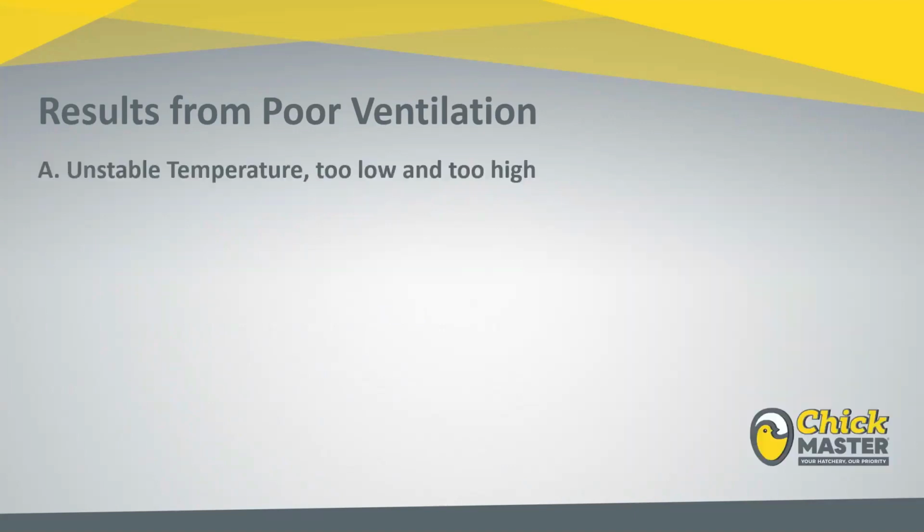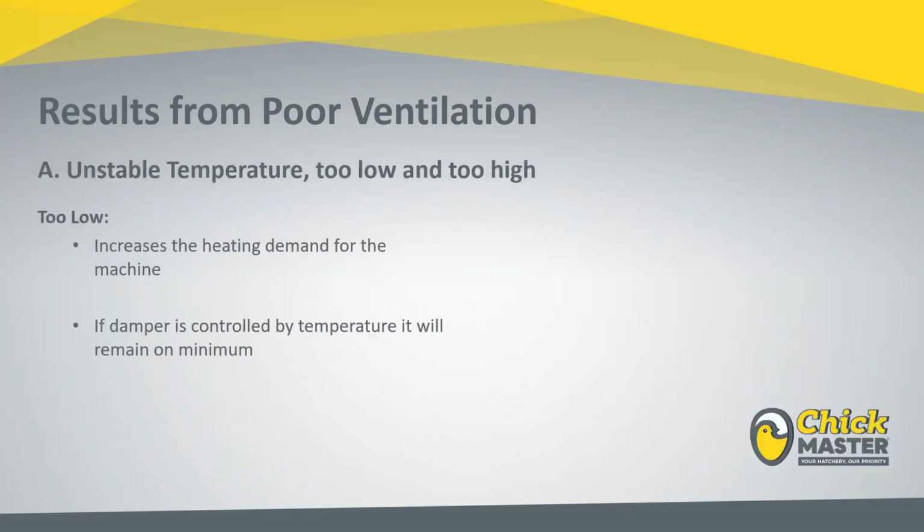So we look at unstable temperature. If our temperatures are too low, we often see increases in heating demand for the machine. So if a machine is a multi-stage machine or single stage with a bigger damper opening, and we have a room that is extremely cold, in other words, way below our recommended setting, you will see the increased heating demand for the machine.